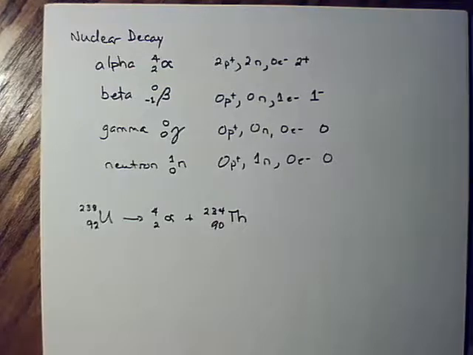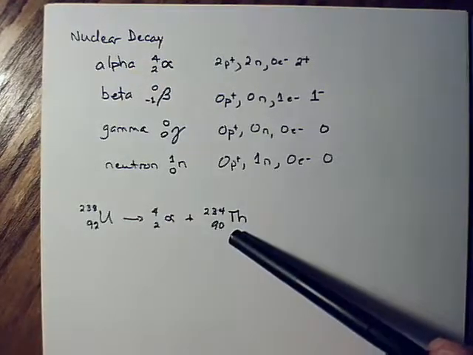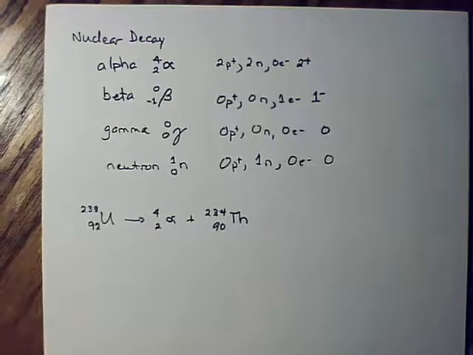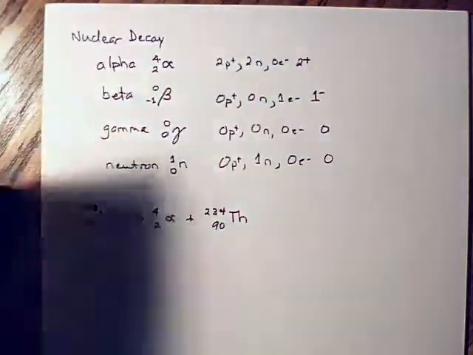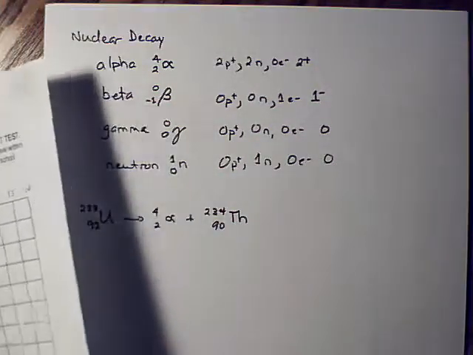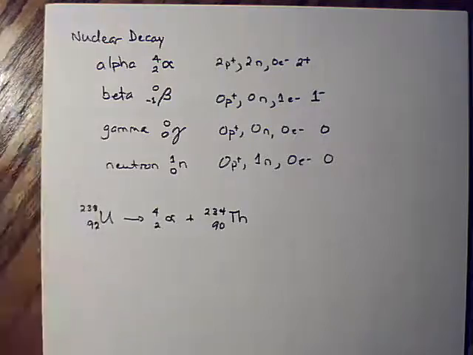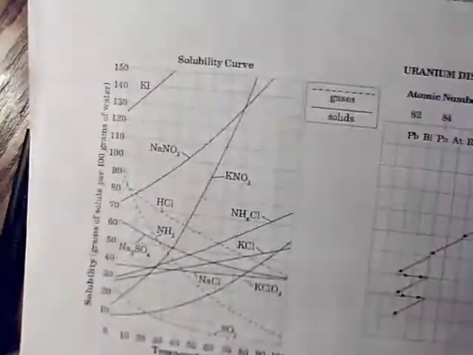Uranium goes through alpha decay, then thorium goes through alpha decay, then you get radium, and radium goes through beta decay, and then the products go through alpha decay 2 more times. Actually, there is a chart in your homework references that shows that whole step-by-step process.